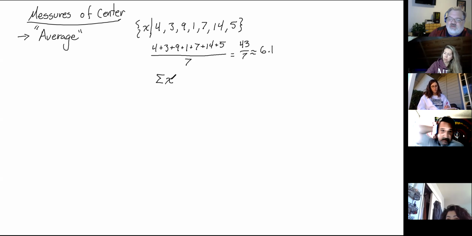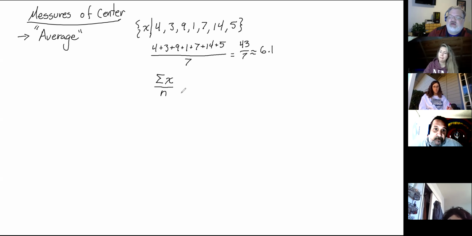So the sum of all these X values is just a shorthand for add them all up. Sum up those X values and divide by how many there are. We will generally use N as our symbol for the number of elements. You'll see your book use this notation, and I'll use it a fair amount. It translates into the sum of all the values divided by the number of values, exactly what we have up here: add them up, divide by how many, in really shorthand notation.